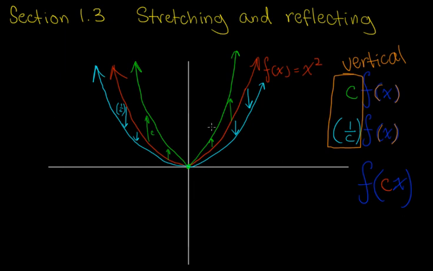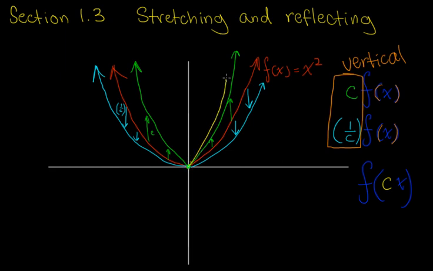So if red is our starting function, and it shrinks horizontally, then that's in red. I probably shouldn't have written that in red. Hold on. Let me make it better. Let me do yellow for c. So now it's a shrinkage.